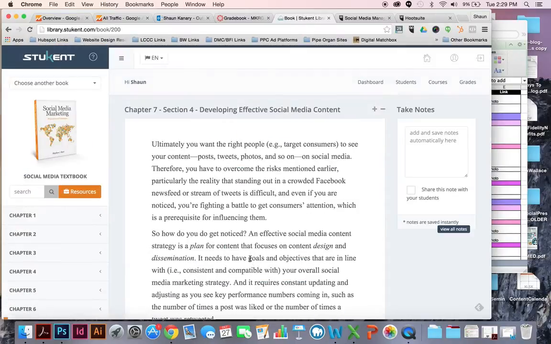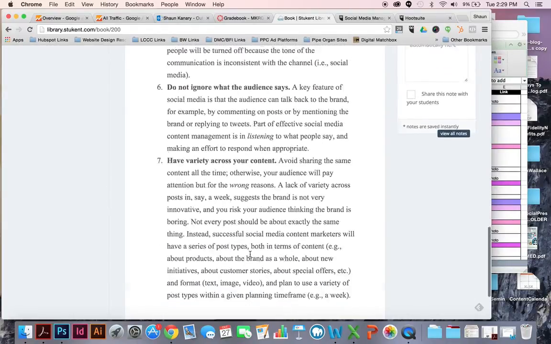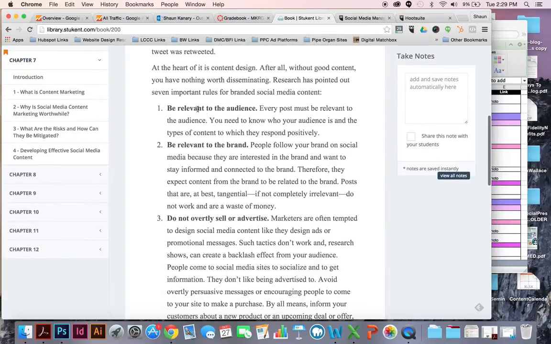Here's 5 quick tips on developing your own, actually it's 7 tips on developing your own content rules. 1, be relevant to the audience. Okay, so develop posts and find information that's relevant to your audience. All right, if your consumers are all mechanics, make sure that you find some articles and find content that is relevant to mechanics.